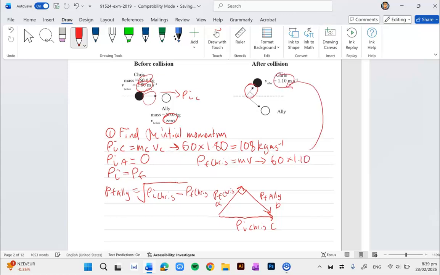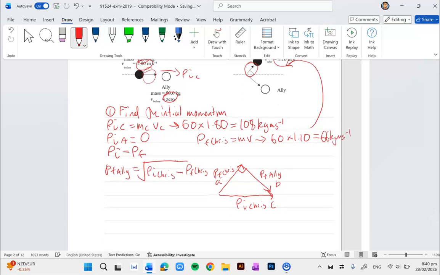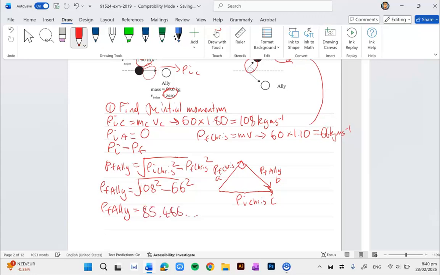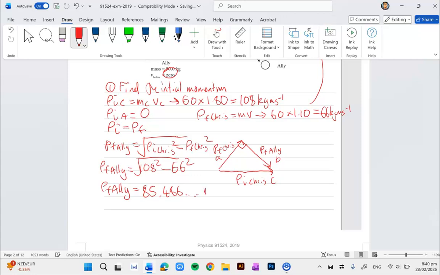That equals 66. So now p_f Ellie equals the square root of 108 squared minus 66 squared, which is something like 85.486.